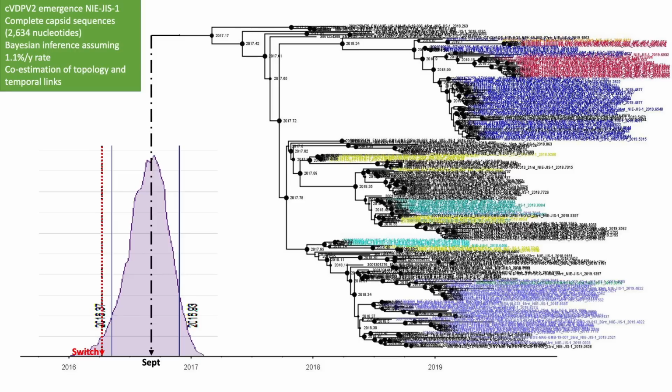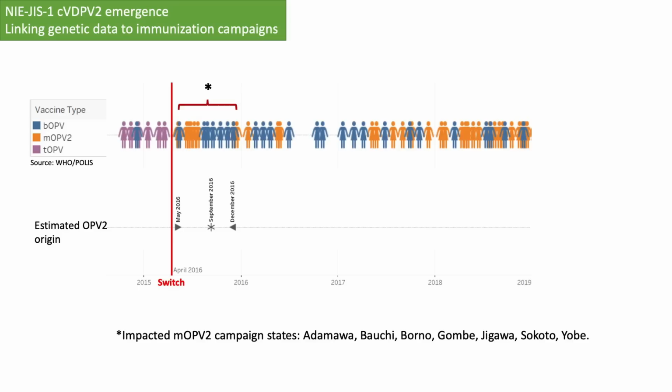was given. And for one final diagram of this, this shows the different immunization campaigns. So the bluish gray is bivalent OPV, the MOPV2 is in a goldish color, and then TOPV is in the purplish color. So from left to right, the switch is indicated by the red bar in April of 2016.